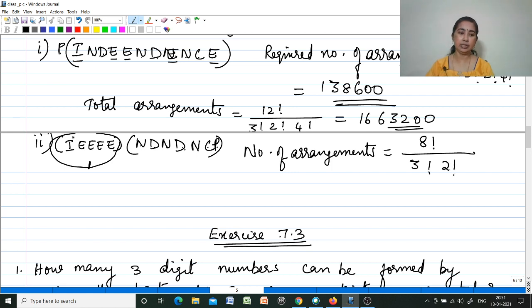Then again, among these vowels there will also be an arrangement, that is total 4 plus 1, 5 letters are there, so into 5 factorial divided by E repeats 4 times, so 4 factorial. Simplifying this, we will get 16,800.